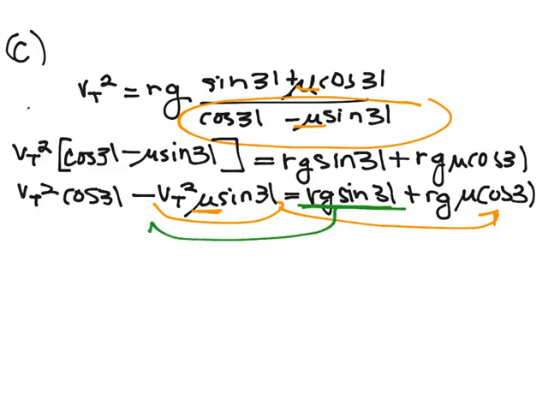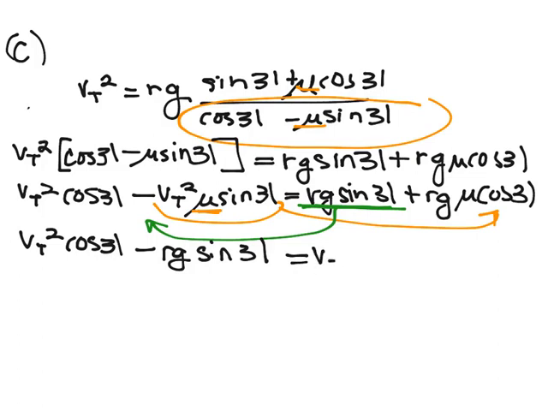When I do that, I have vt squared cosine 31 minus rg sine 31 equals, and I understand this is a mess of algebra, vt squared mu sine 31 plus rg mu cosine 31.